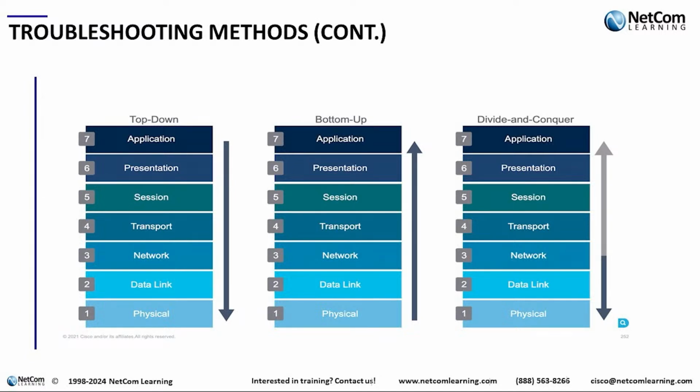So as its name implies, when you apply a top-down approach to troubleshooting a network problem, you start with the user application and you work your way down the layers of the OSI model. If a layer is not in good working condition, you inspect the layer below it.